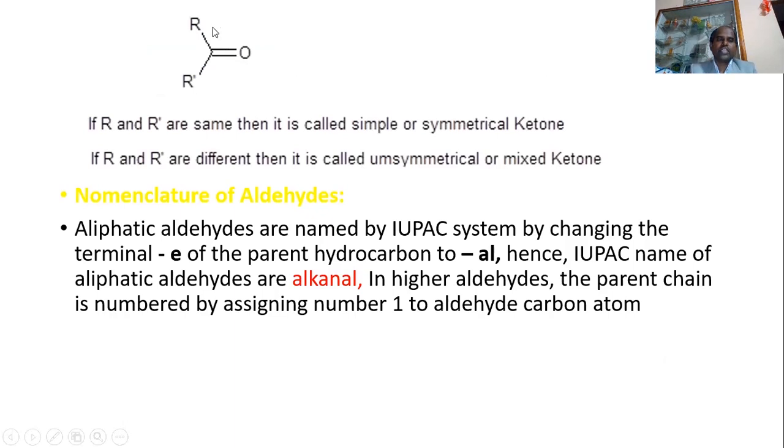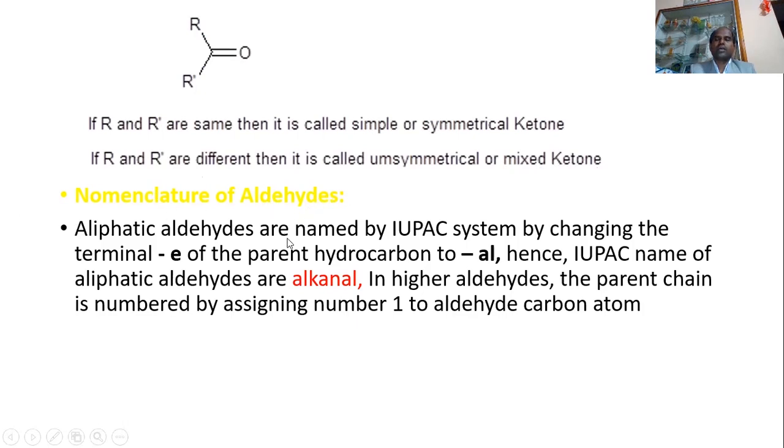Here one thing we need to notice: when R and R' are the same or identical groups, it is called a simple or symmetrical ketone. If R and R' are different groups, then it is called an unsymmetrical or mixed ketone. With this, I will move on to the nomenclature of aldehydes.